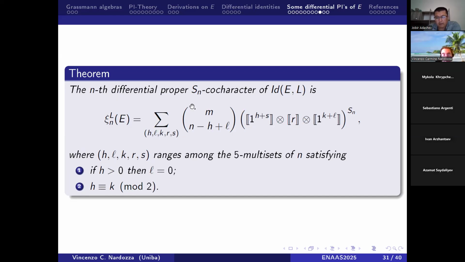And this, apart from this binomial coefficient, is essentially the induced character of a triple commutator between two sign characters and a trivial character. So it's complicated in writing, but it's easy in notion.